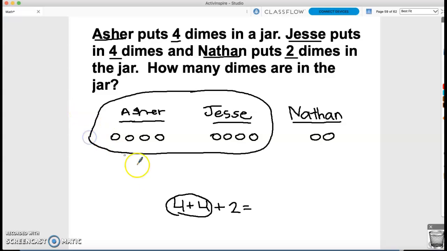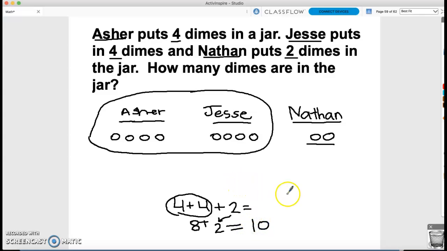And I know that 4 plus 4 is 8. Plus, I still have the extra 2 from Nathan. So I still have to add in the 2 from Nathan. So 8 plus 2. Well, I know that 8 plus 2 makes 10.